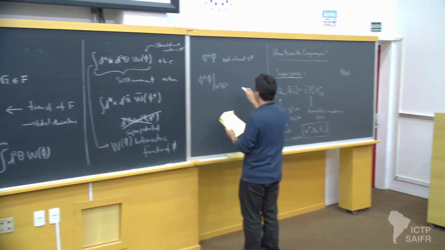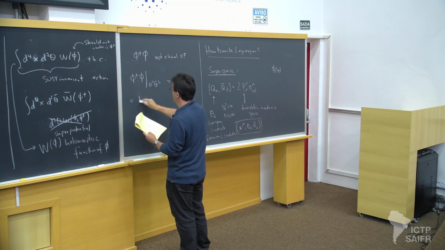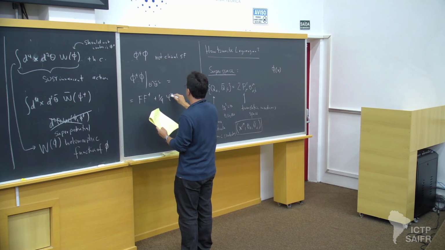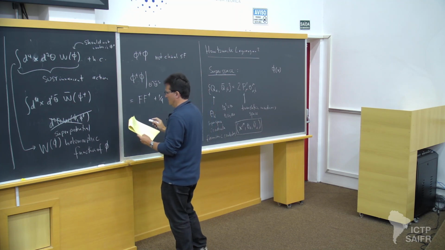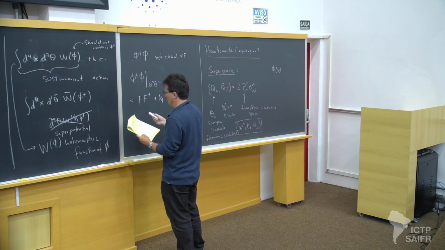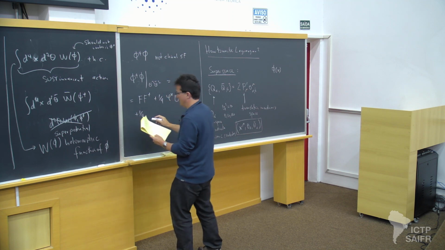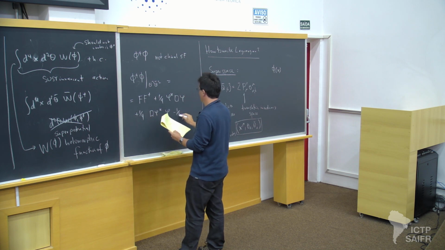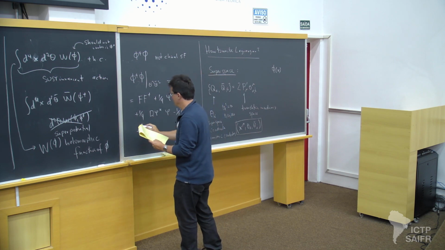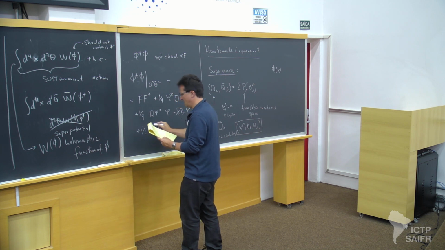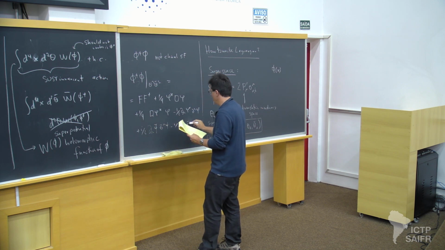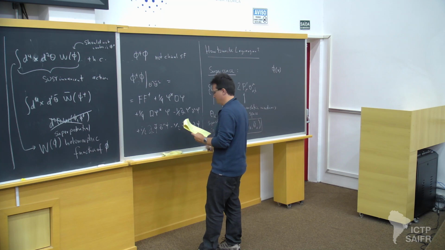And actually what it is going to be is F F dagger plus 1/4 phi star box phi plus 1/4 box phi star phi minus 1/2 d mu phi star d mu phi plus i/2 d mu psi bar sigma bar mu psi minus i/2 psi bar sigma bar mu d mu psi.